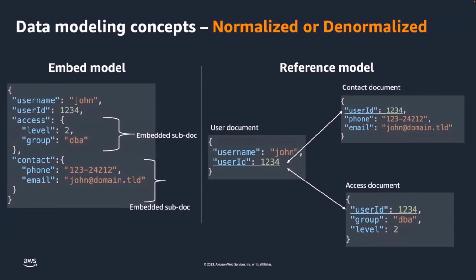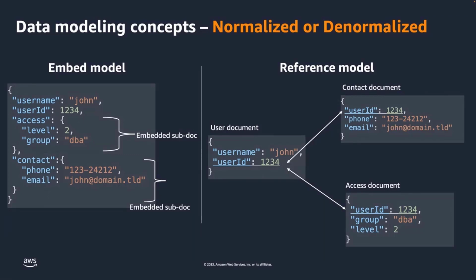Both models have their advantages, but limitations as well. For example, the embedded model, the major advantage is that there are fewer calls to the database, as all the needed data for an entity is retrieved in a single query. Generally, this model provides better performance for read operations, since there's no need to join the data. But on the other hand, it can lead to large documents. And as I mentioned, there are limits.